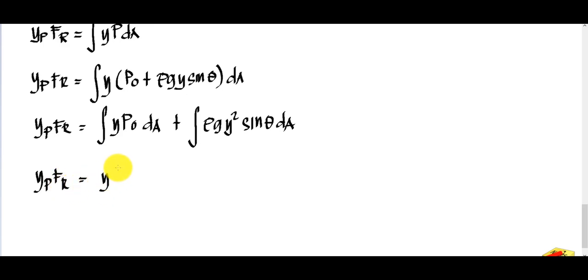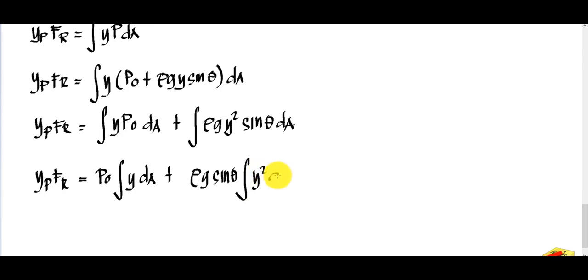We have the integral of the atmospheric pressure times y times the differential area, plus the constants density, gravity, and sine of theta, then the integration of y squared dA.